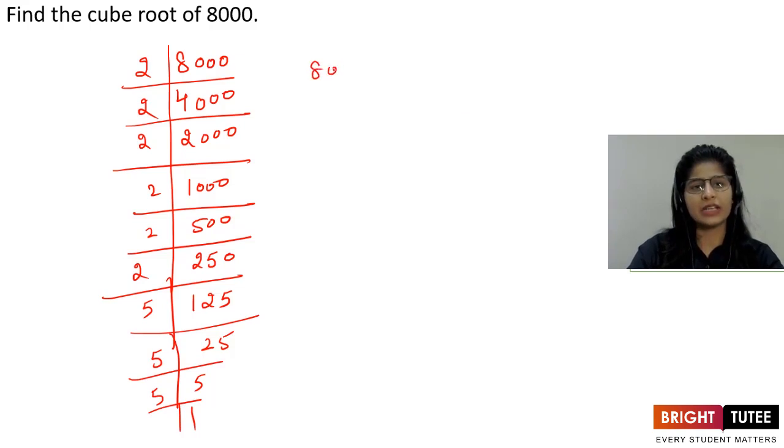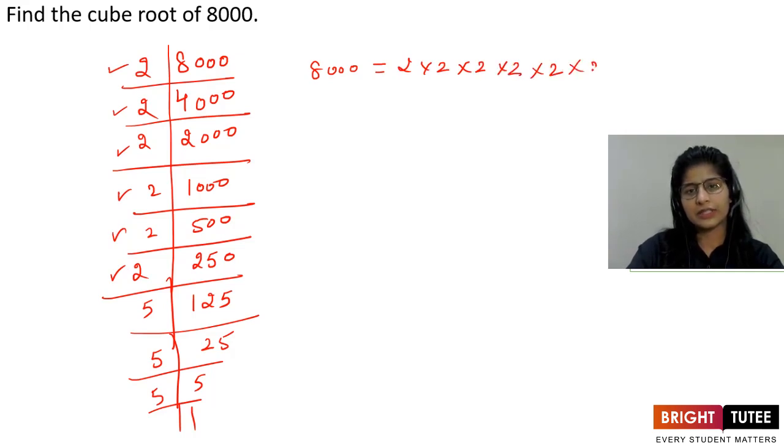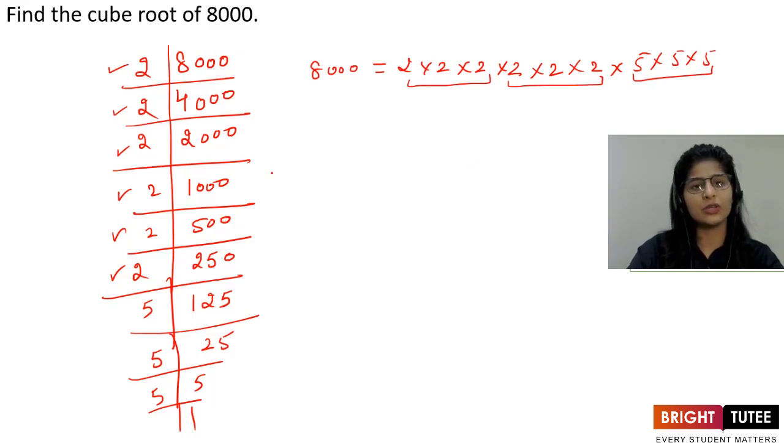So 8000 can be expressed as, how many 2's do we have? 1 2 3 4 5 6, and 3 fives: 5 cross 5 cross 5. Let's form the triplets. Yes, 3 triplets are formed. It is a perfect cube, and 8000 can be written as 2 to the power 3, 2 to the power 3 into 5 to the power 3.